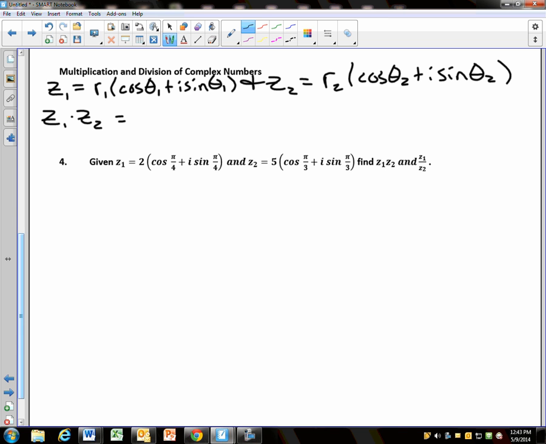And here's what you do. You take these two R values out front, R1 and R2, you multiply them. You take the angles and you add them.